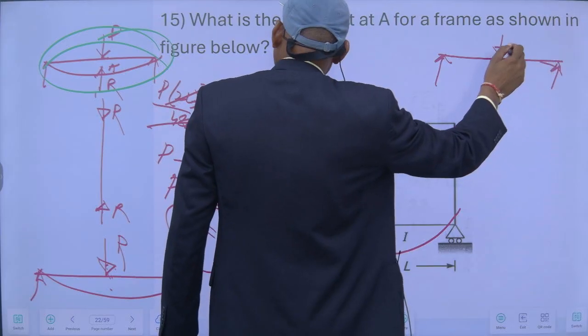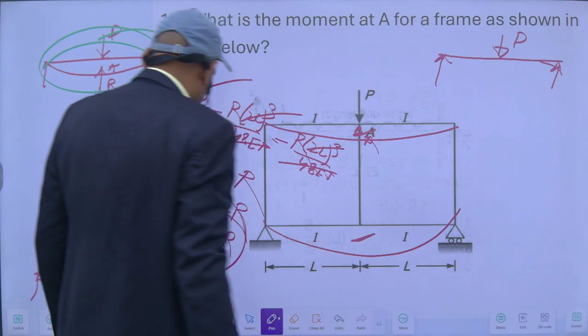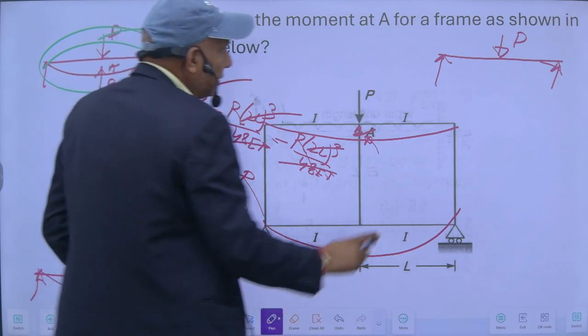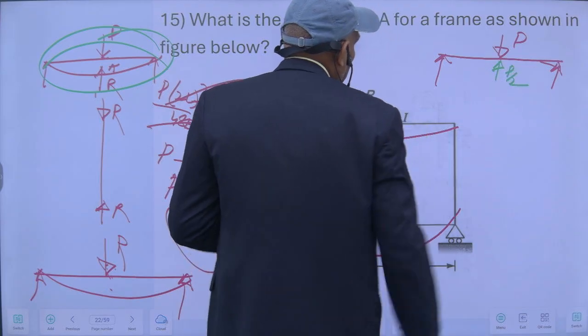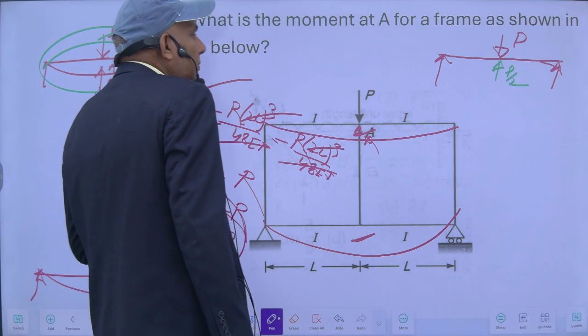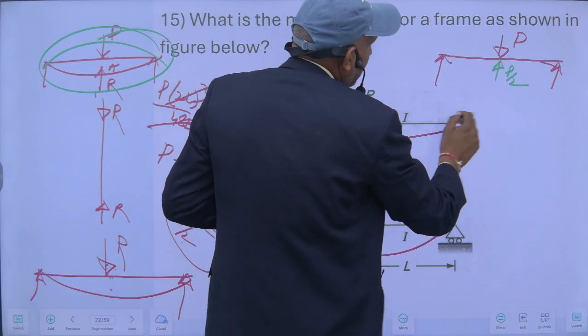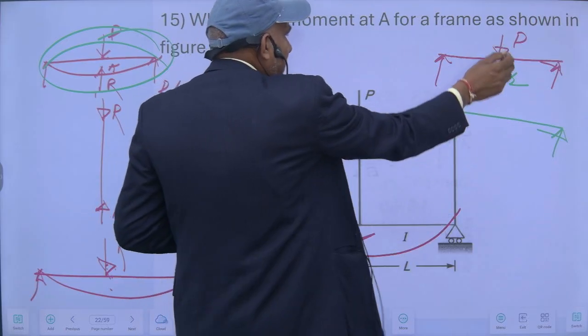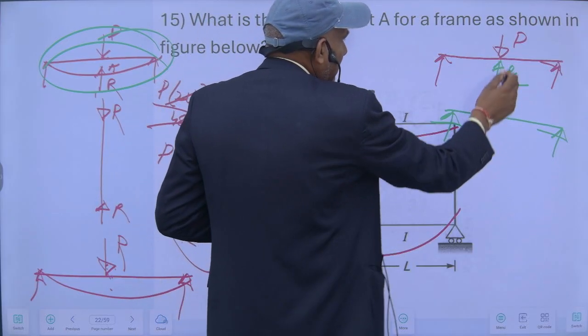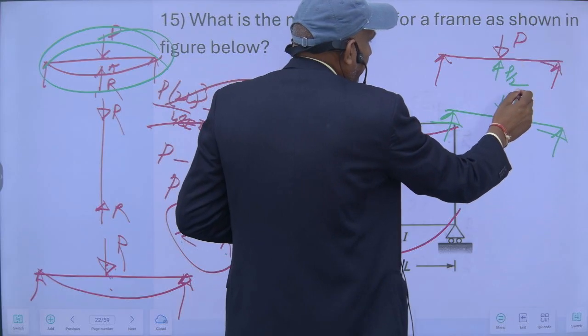So this is P, and this R is equal to half of this P. So I can say my net load at this point I can treat like this: this minus this is the net load. This will be P by 2.